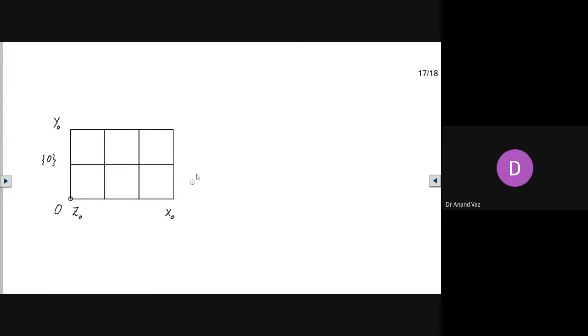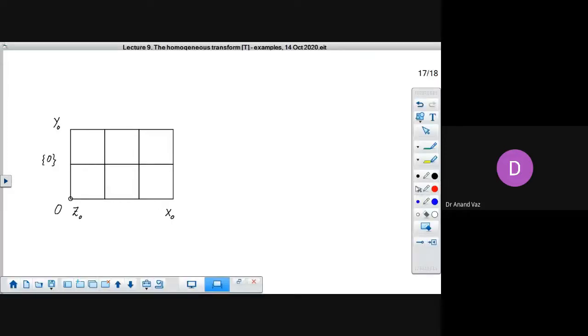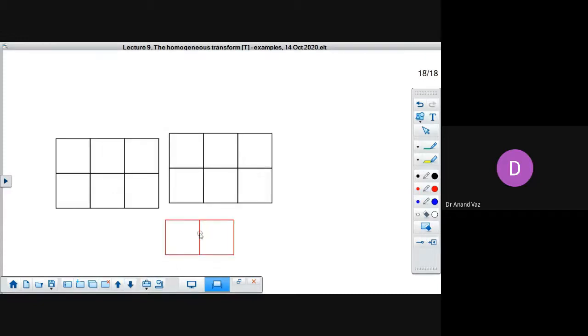Now we can also have another reference frame. Let's say the frame in red, which we have already constructed here.